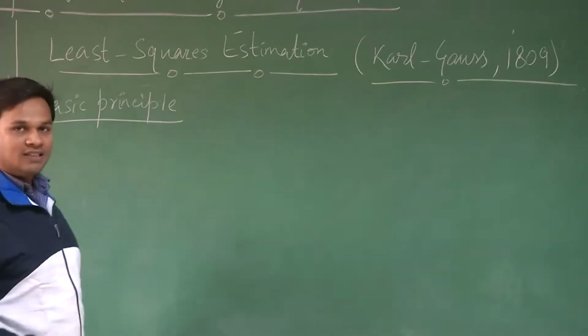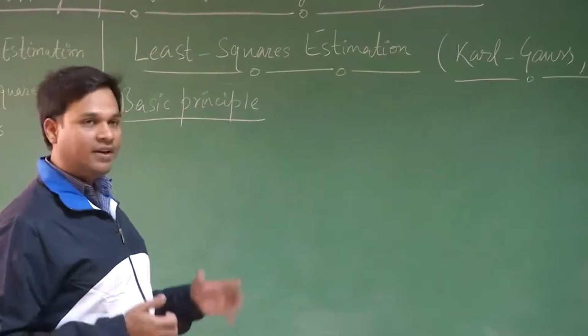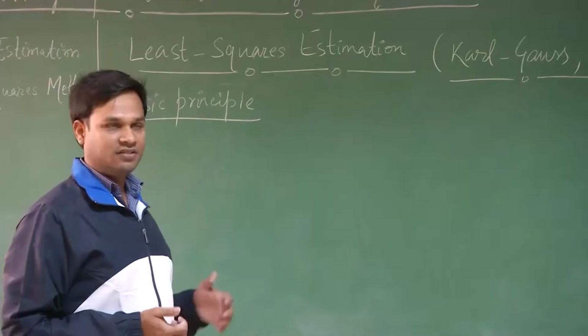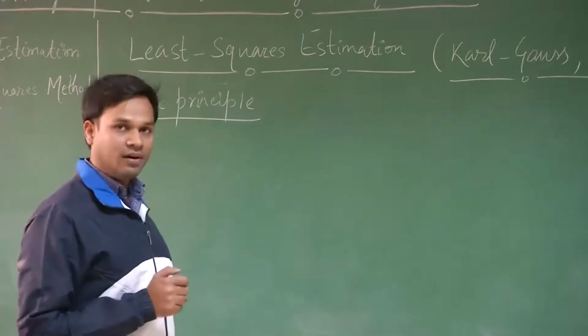What actually do we mean by least squares? It has been a very popular method, and it is not limited to parameter estimation or system identification. It has been widely used for various kinds of problems, right?